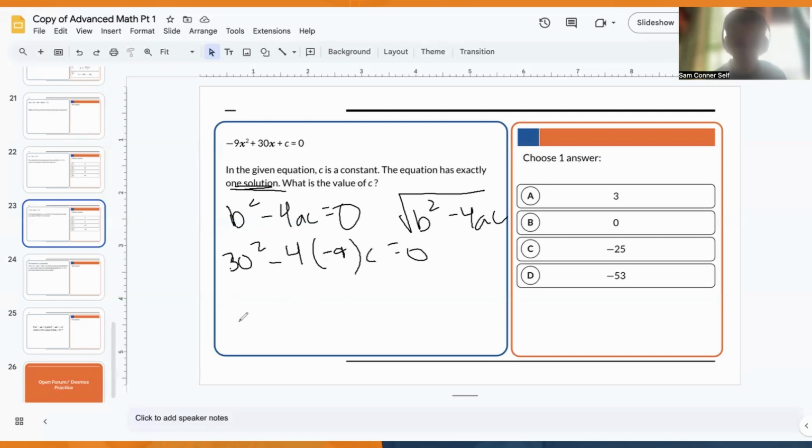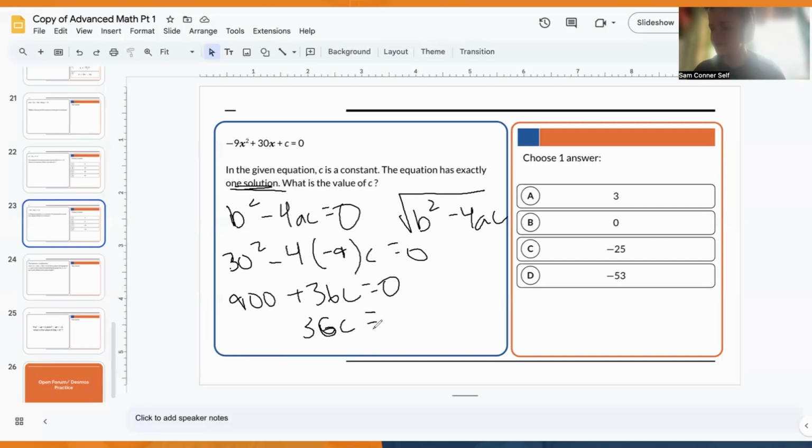So 30 squared is 900 plus 36c is equal to 0. Subtract that, so 36c is equal to negative 900.